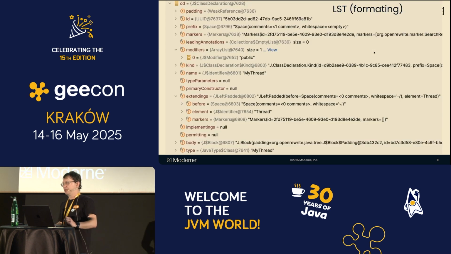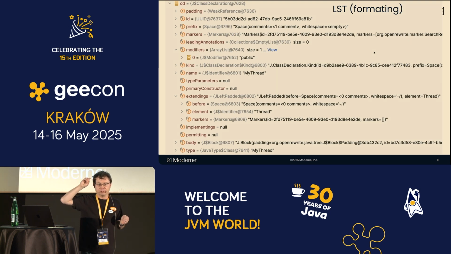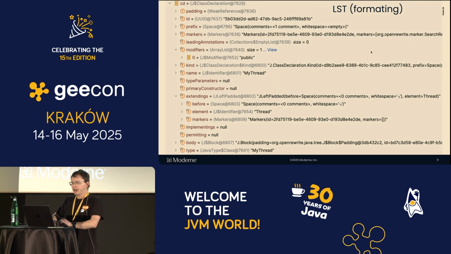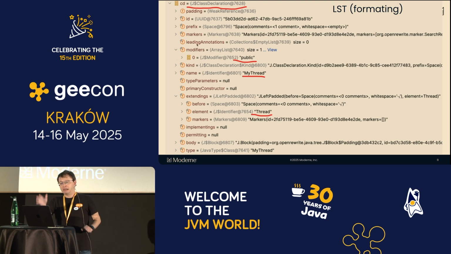In terms of how the LST tree looks, if we take the debug information and look inside the LST tree, this is our class declaration. This is the information that this class is public, that its type is MyThread, that this class extends Thread. This information is more about formatting, because you can find here spaces, markers, comments, and so on.